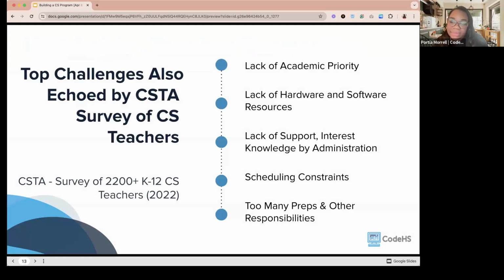So lack of academic priority, lack of hardware and software resources, lack of support, interest, knowledge by administration, scheduling constraints, and too many preps and other responsibilities. So these are some of the things that the teachers have mentioned from that survey. And this was surveyed with 2,200 plus teachers. I think I took the survey as well.